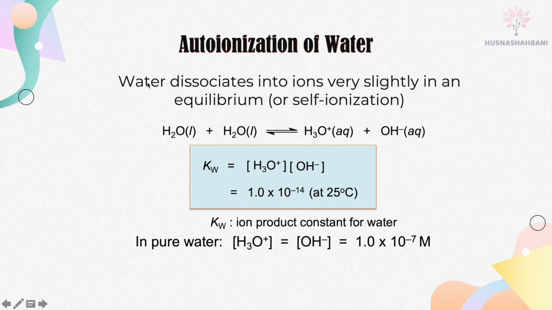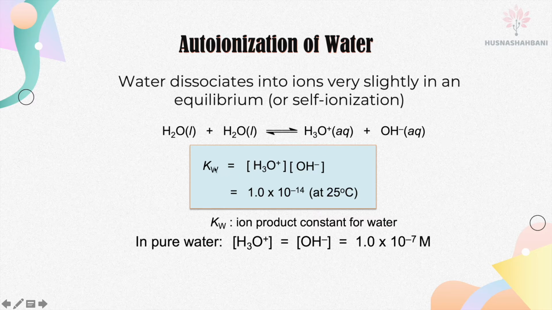Autoionization of water. Water dissociates into ions very slightly in an equilibrium, which is called self-ionization. So water ionizes into H3O+ and OH-. We know that water is amphoteric, so it ionizes into H3O+ and OH-, or you can write 1 H2O ionizing into H+ and OH-.